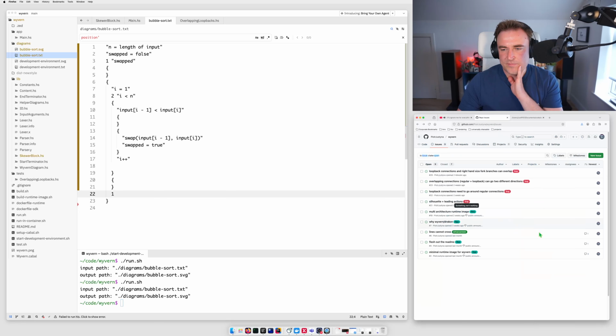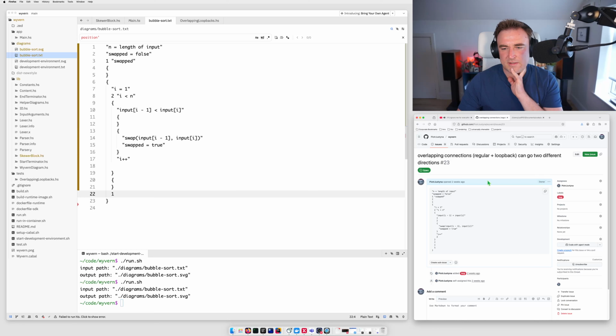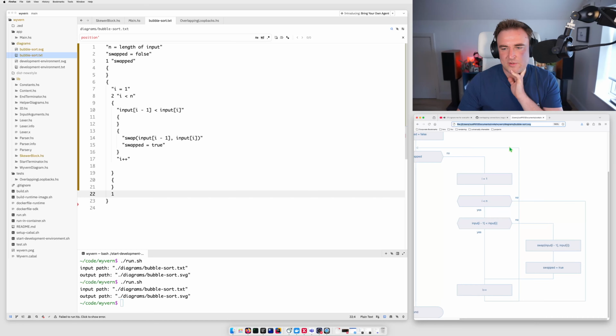But the issue at hand is that we have two lines overlapping that go in different directions, and that could lead to confusion or ambiguity.